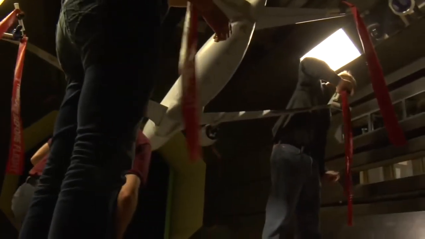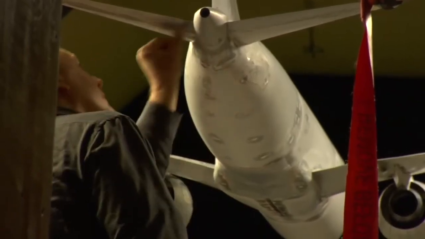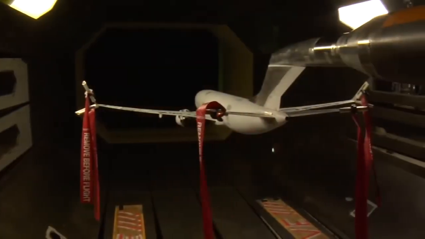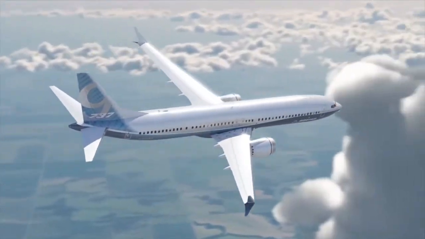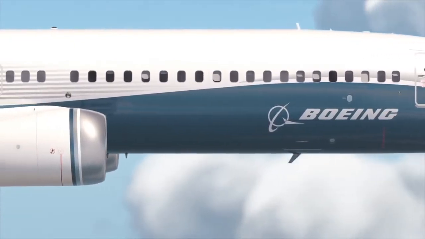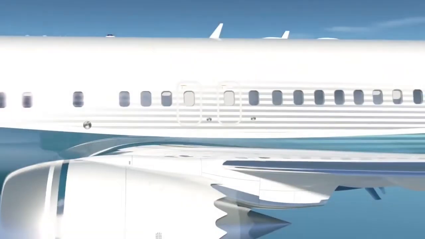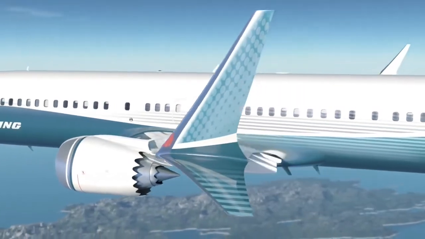At first glance, this may seem like a group of adults building a model airplane, but this is no toy. We're conducting a wind tunnel test of the Boeing 737 MAX. The 737 MAX is Boeing's latest design in the 737 family. It will deliver significant fuel savings over today's main competitors. And a big component of getting that efficiency is the new advanced technology winglet.